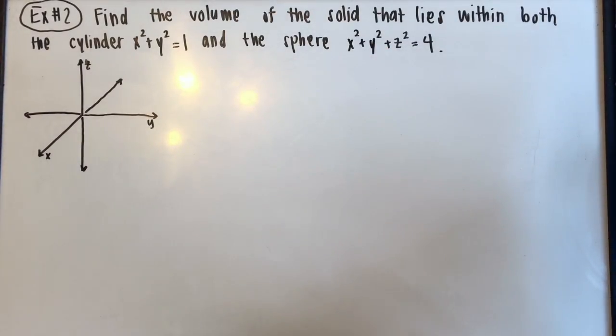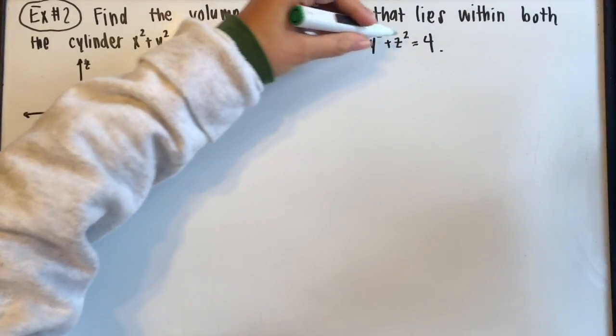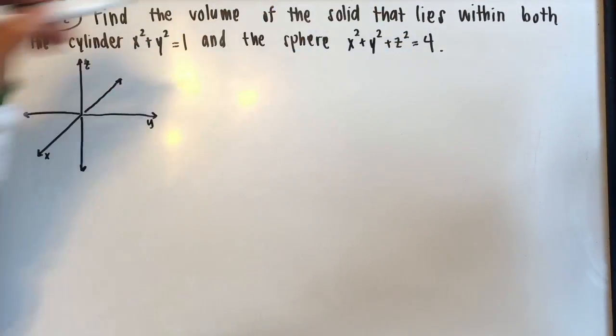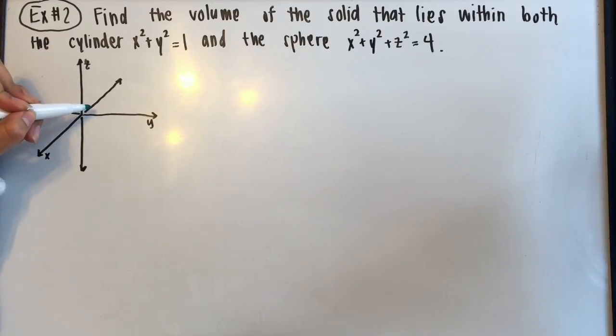So here, let's start with doing the picture first so that we know what we're talking about. Our sphere is equal to 4, so that means our radius is 2.